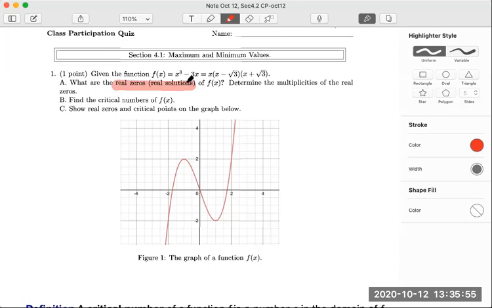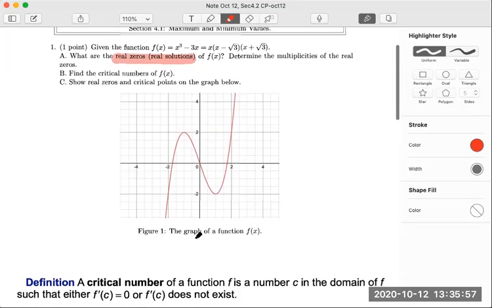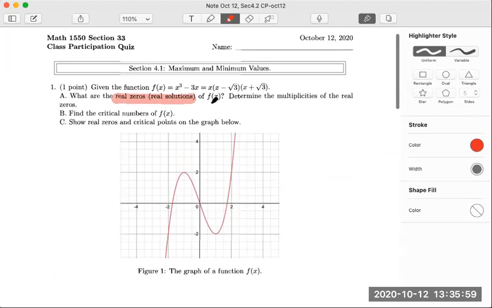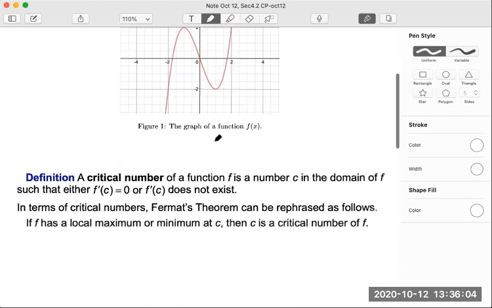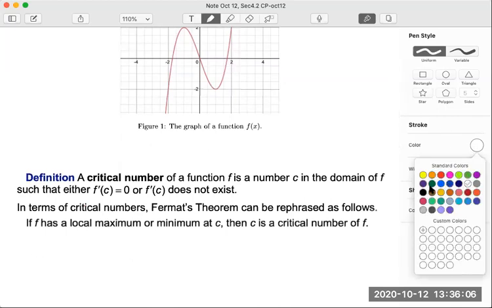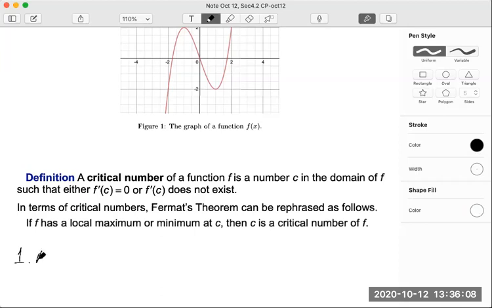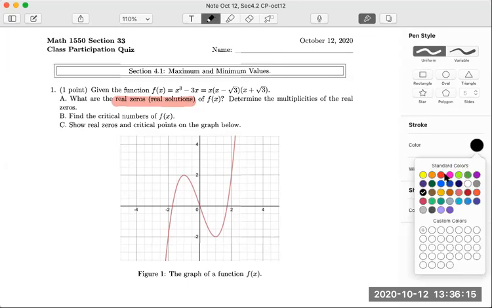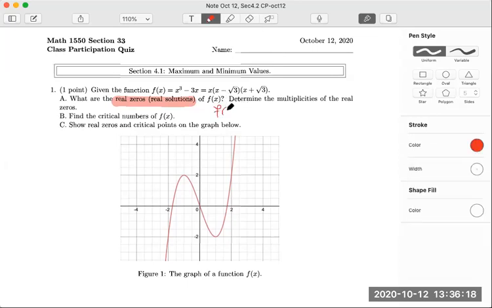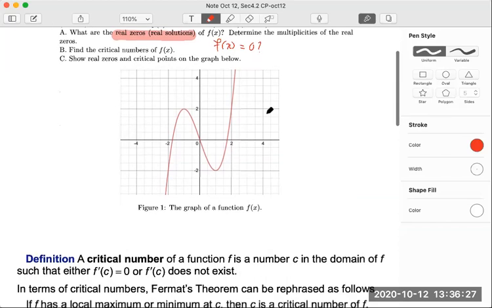It means that we need to find the value of x such that f of x is equal to 0. At which value of x, f of x is 0. Okay, now let us do it.